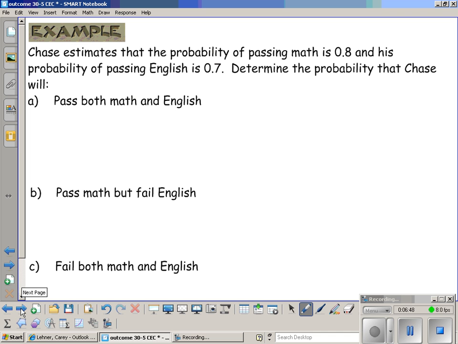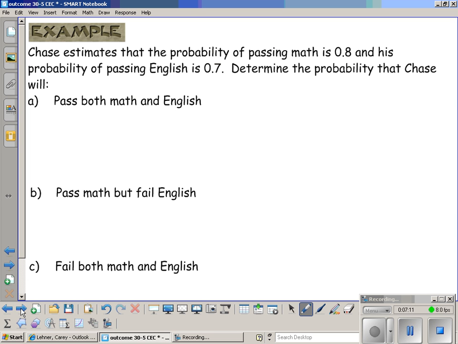Chase estimates that the probability of passing math is 0.8, and his probability of passing English is 0.7. Determine the probability that Chase will pass both math and English. Now, think about this. Are they dependent or independent? These are independent events.